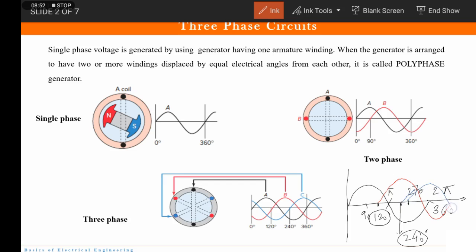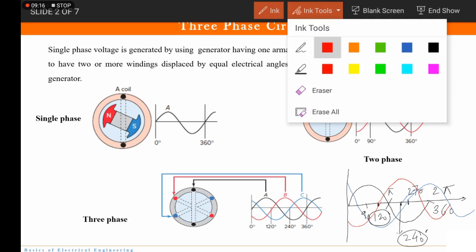So this is how this signal looks like. Now of course you can extend it, right? So this is how my three-phase signal will look like. Got it? So you have to mark 0, 120 degrees and 240 degrees, and the corresponding signal will start at those points.